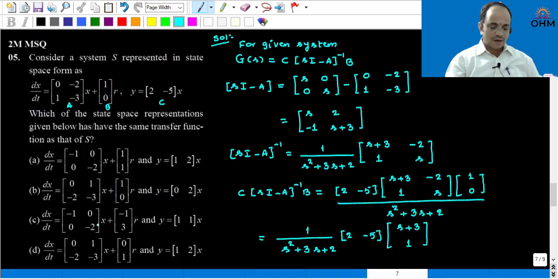Now, if you observe closely, for options A and C, the system matrix A is the same, but only for option C does the transfer function match with the given system transfer function. For options B and D, again the system matrix A is the same, but only for option D is the transfer function the same as the given system transfer function.